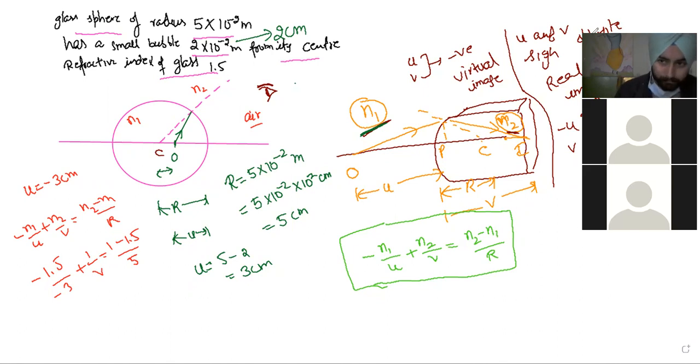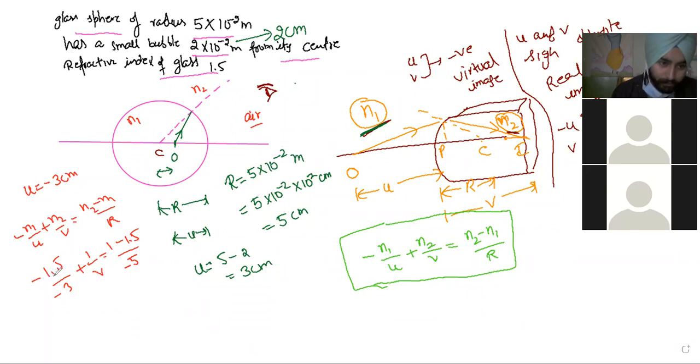Yes, what is your answer? Sorry, this R is also negative because it is in this side. So this R is also negative, minus. So what will be your answer?